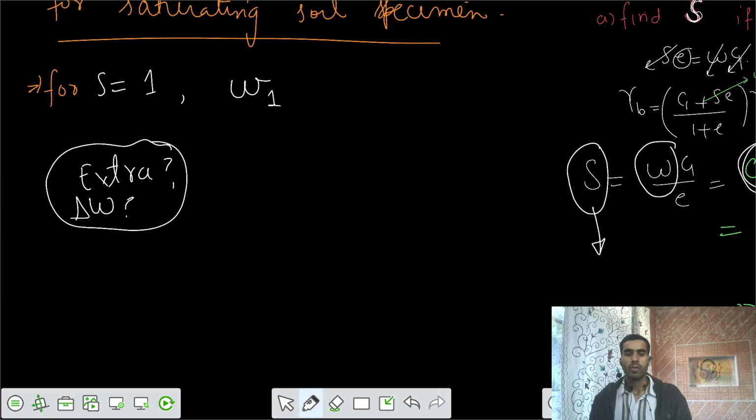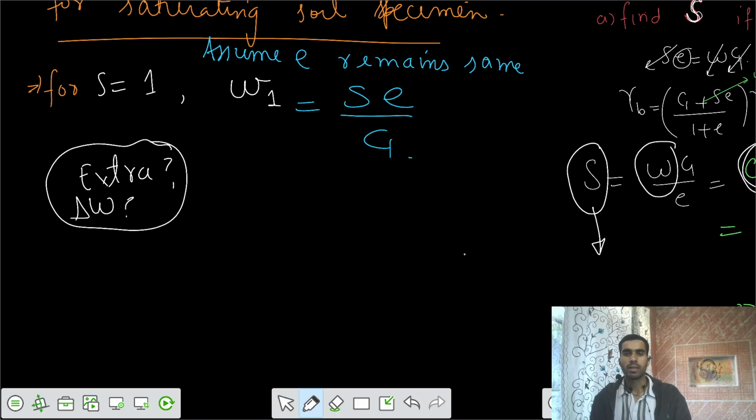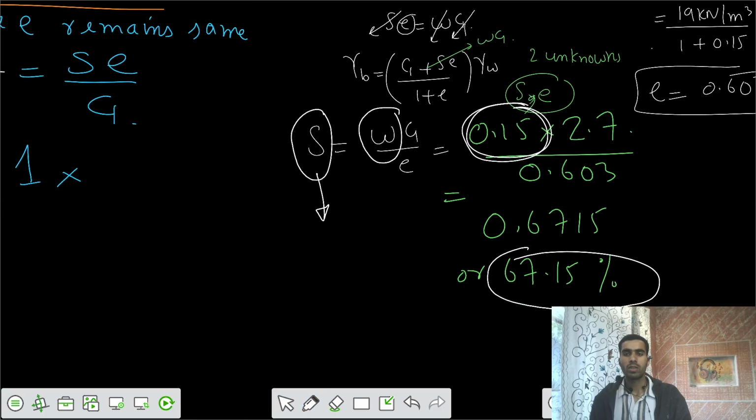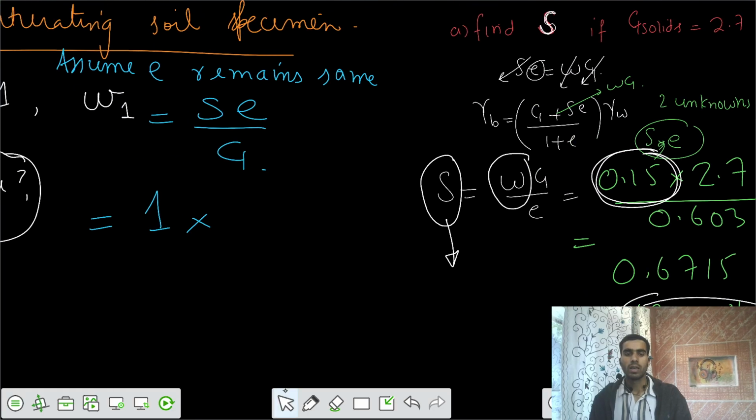Let's assume that the void ratio e remains the same, then we can write Se equals wG. So your W1 would be equal to Se by G. Your S is 1, and your void ratio remains constant at 0.603, divided by the value of G, that is 2.7.